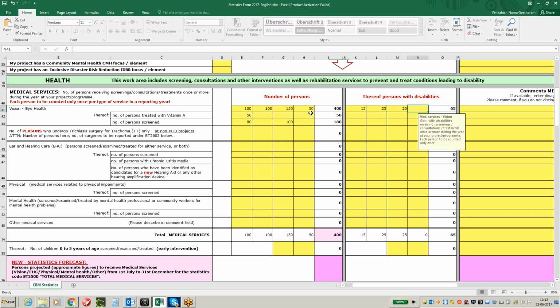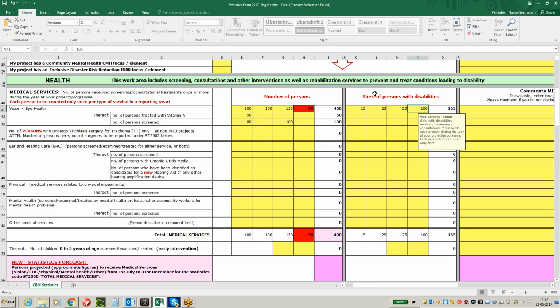But they should not say here, because you see in the last row, for example, 50 girls reached. In that they cannot say that there are 100 girls who are persons with disabilities. Then it will show a pop-up saying that there is something wrong, because this number cannot be higher than this number, because this includes persons with disability. It is the total number of persons.